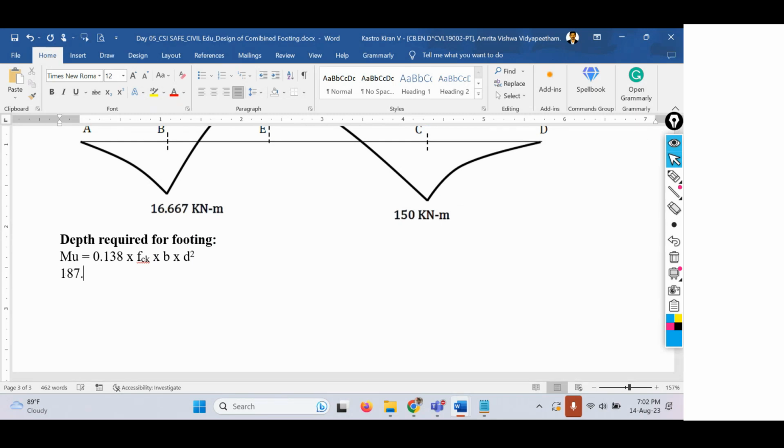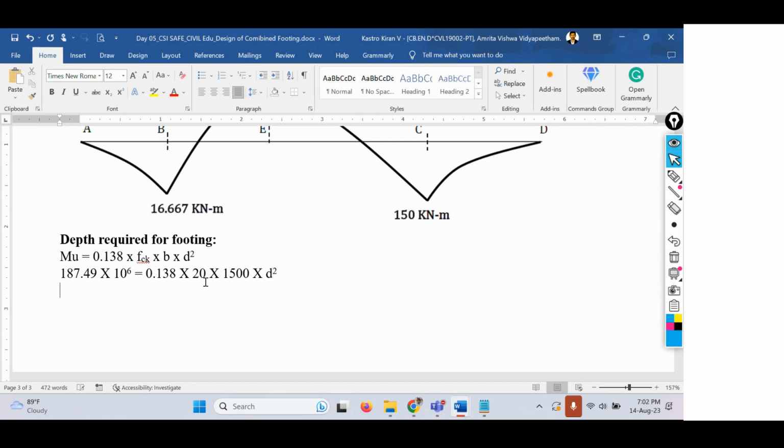So 187.49 into 10 power 6 equals 0.138 into fck, that is 20, into b, the width of the footing limited to 1500 mm, into d square. From this, you can get the depth of the footing.